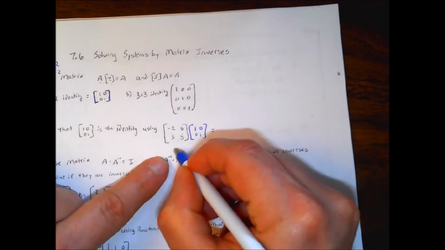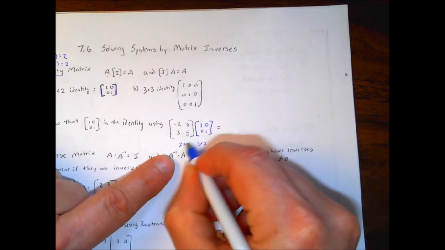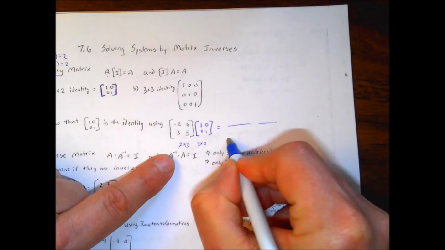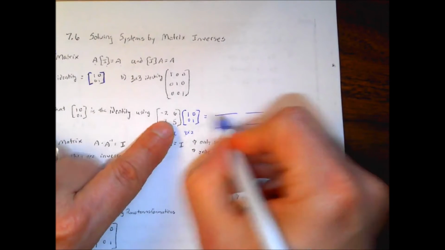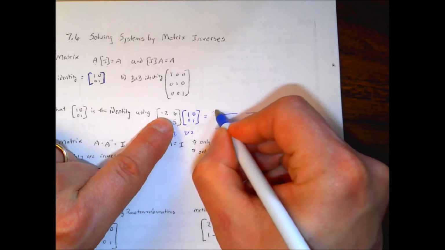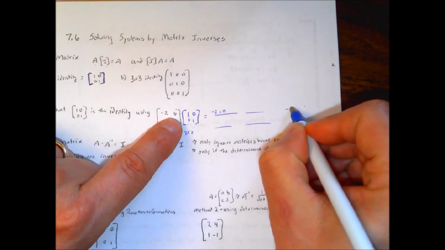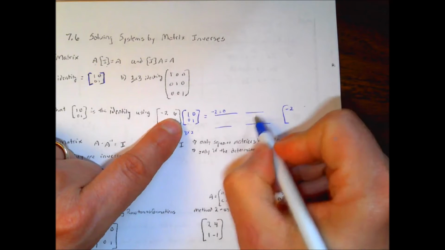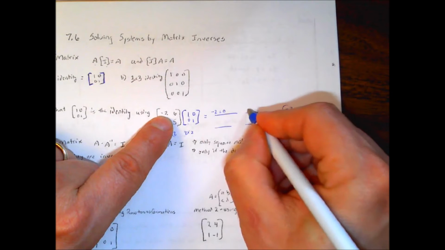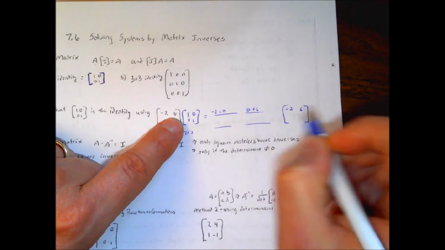Remember multiplication: this is a 2 by 2, and this is a 2 by 2. The inside numbers are the same, so we can multiply, and our answer will be a 2 by 2. Take the first row and first column: negative 2 times 1 is negative 2, 6 times 0 is 0, so we get negative 2. First row, second column: negative 2 times 0 is 0, 6 times 1 is 6, we get 6.